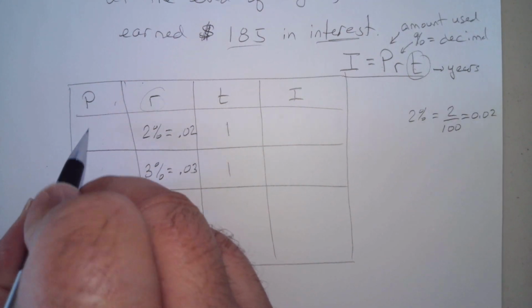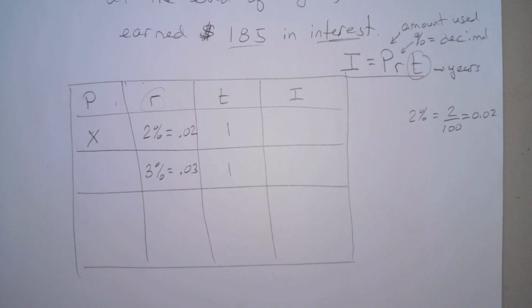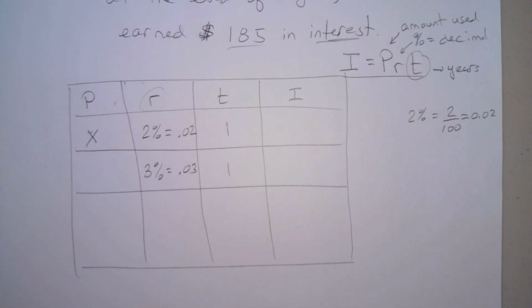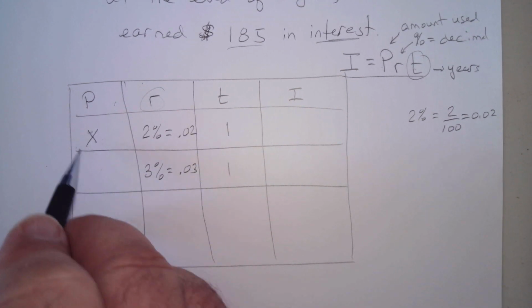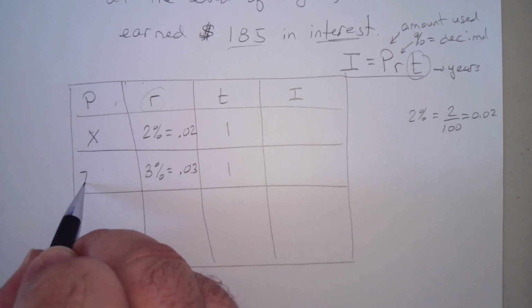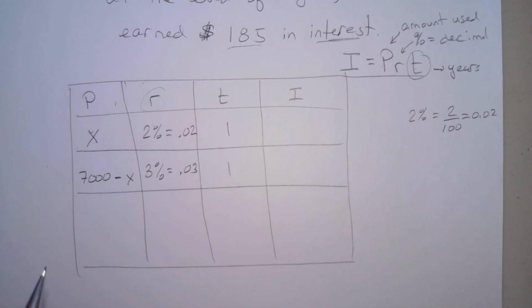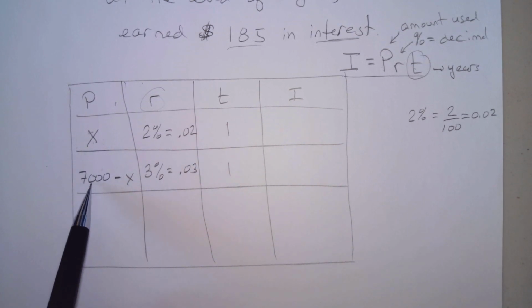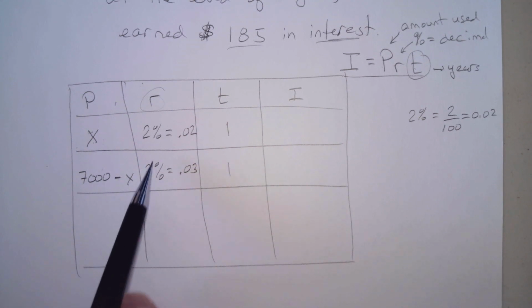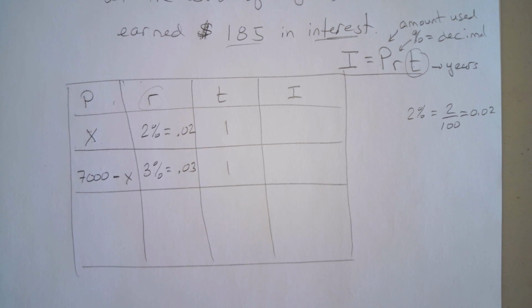So let's say in the 2% one, we invested X number of dollars. It could be any amount. Then how much would we invest in 3%? If we invested X amount in 2%, 7,000 minus X would be what's left over. So if we used $1,000 here, then 7,000 minus 1,000 is 6,000, so we have 6,000 here. So that's how you do those if you don't have a specific amount just yet.